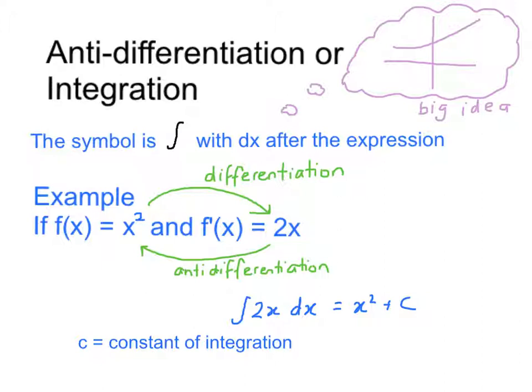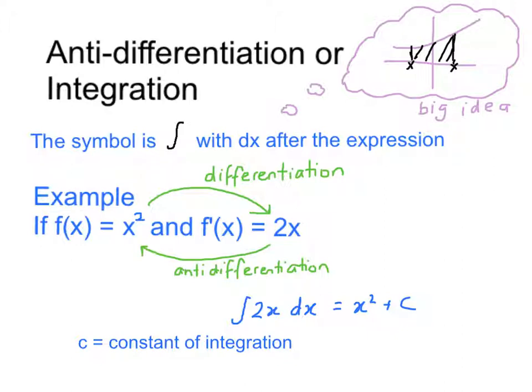So between 2 points, say for example, if I put a line here and here, between x1 and x2, you're finding that area between the x-axis and the curve.